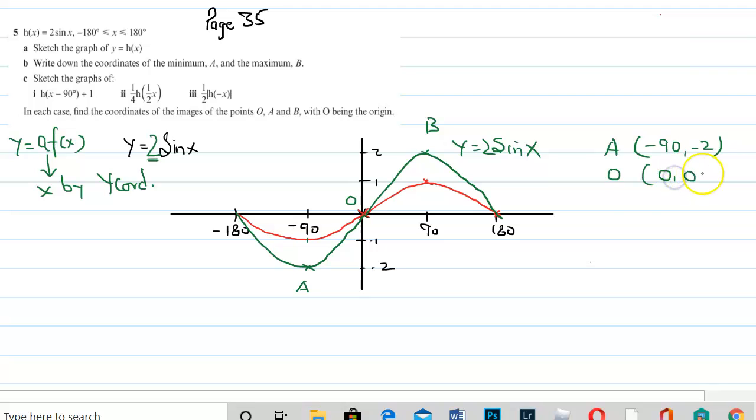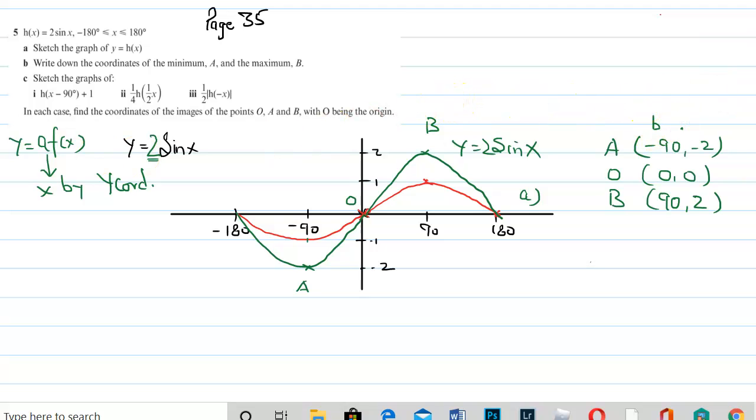This is passing through 0, 0. And the coordinate of B is 90 and 2. So this is part A and part B of this question. Now we move to part C.